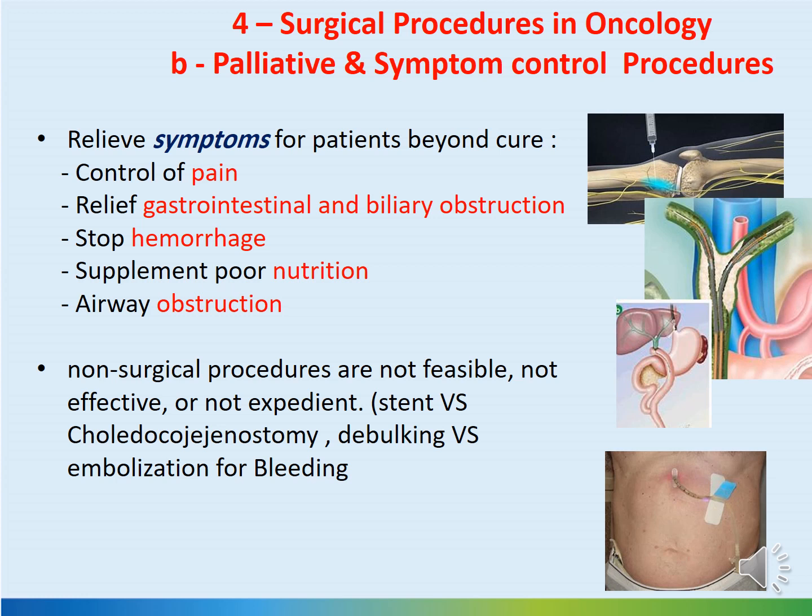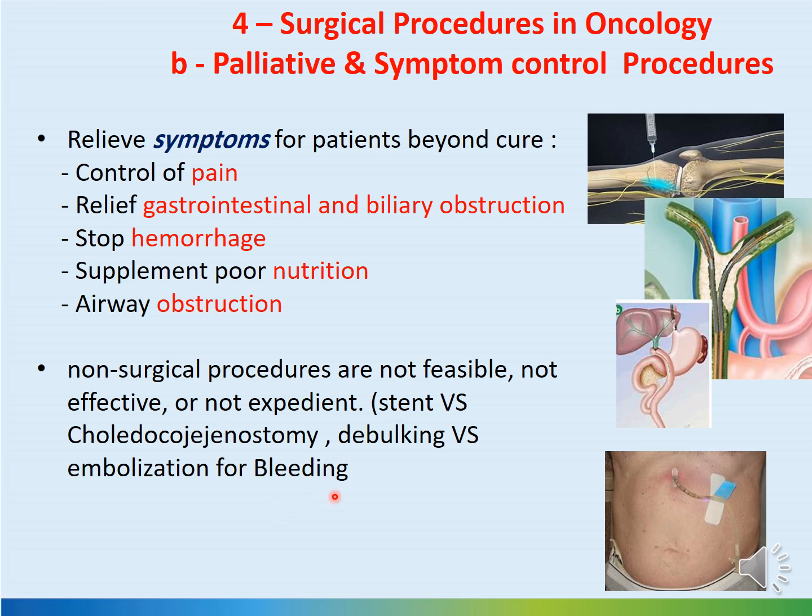When we have obstruction in the biliary tract due to a tumor in the head of the pancreas, we can relieve the jaundice in two ways: either by putting in a stent by endoscopy, ERCP, or we can do the old way, for example a cholecystectomy, which needs surgery and laparotomy under anesthesia. So if we have a gastroenterologist who can do ERCP, for sure we have to go for the less invasive procedure and go for the stent.